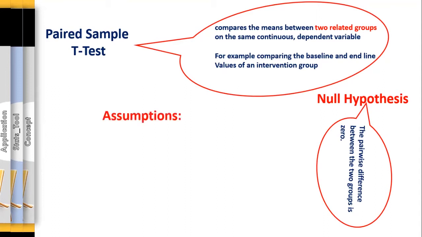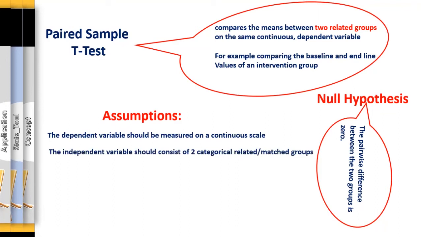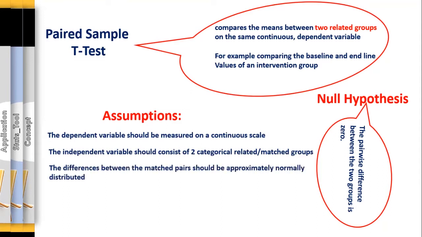Now, there are some assumptions that are made whenever we are undertaking a paired sample t-test. One of them is that the dependent variable should be measured on a continuous scale. Another is that the independent variable should consist of two categorical related or matched groups. The third is that the difference between the matched pairs should be approximately normally distributed.